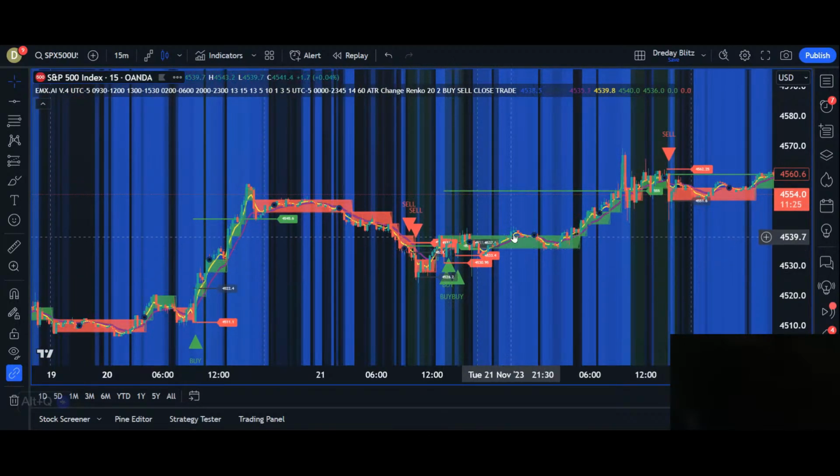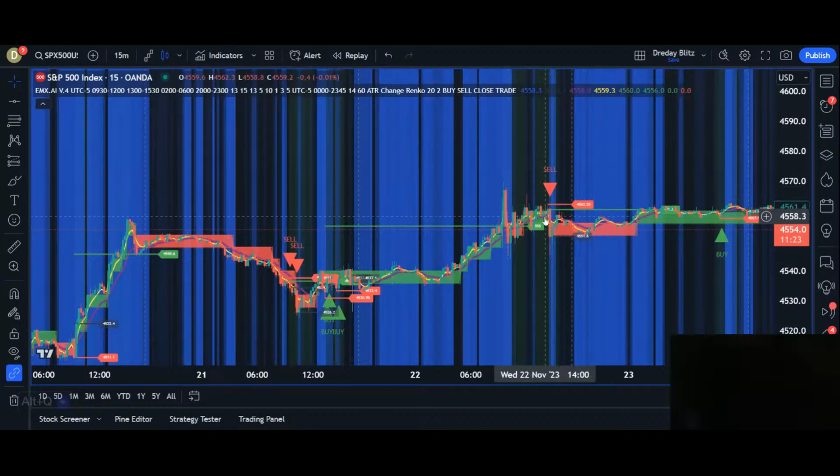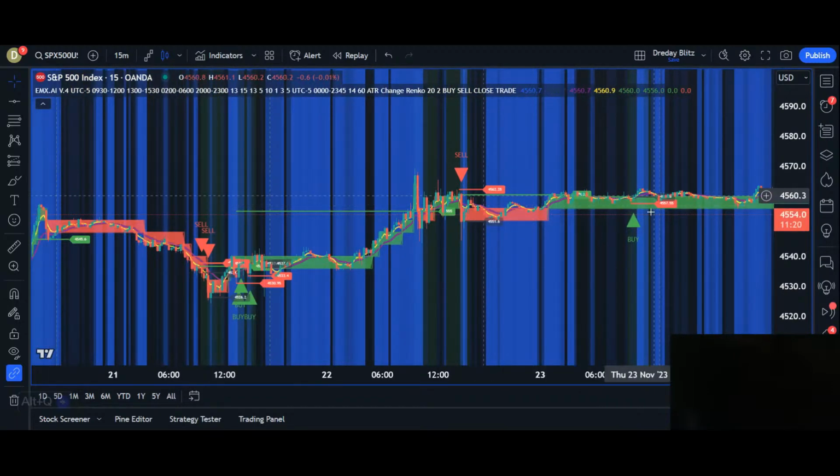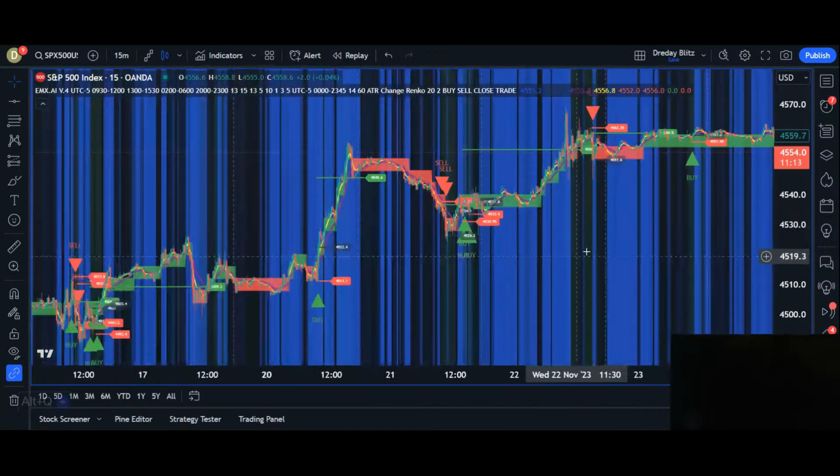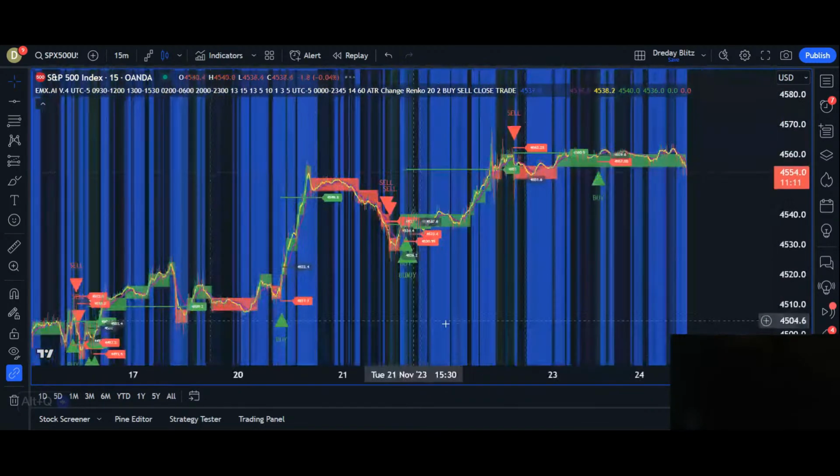Sorry, so it was bullish here. Then it went back down, and then still going up right now. We're waiting for a reversal in the market here to confirm that we're going bearish.